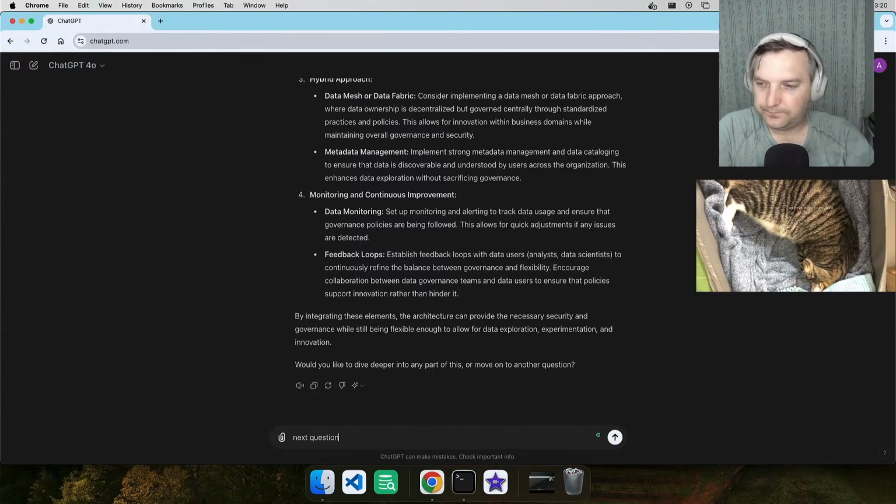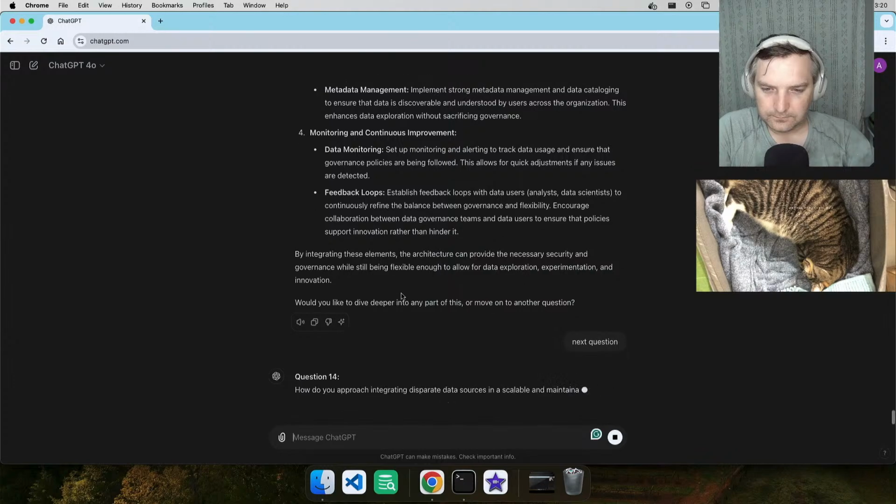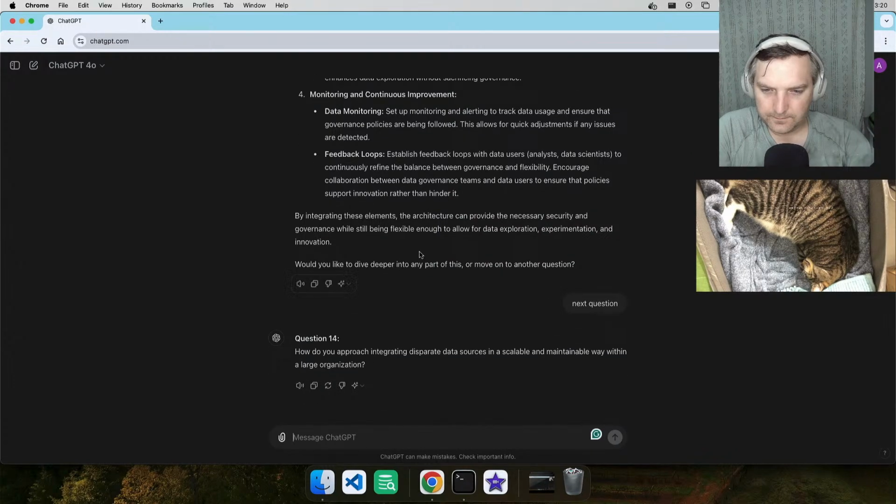Next question: how do you approach integrating disparate data sources in a scalable and maintainable way within a large organization?